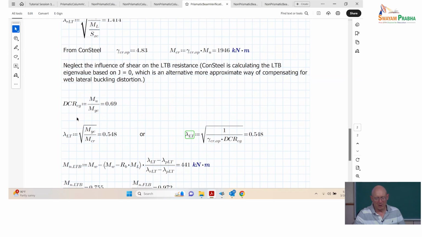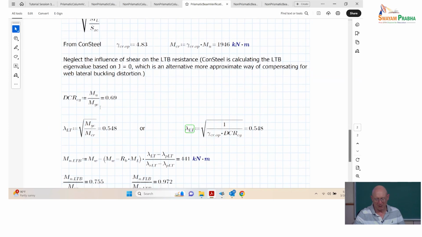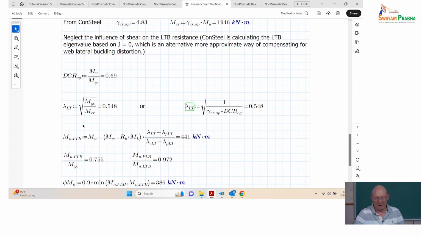So here we have a gross cross-section DCR that we're going to calculate. So that's 0.69. And so we use that to get a lambda LT, square root of My to the compression flange over elastic buckling moment, or we can write it as Fyc, or Fy of the compression flange, divided by elastic buckling stress.